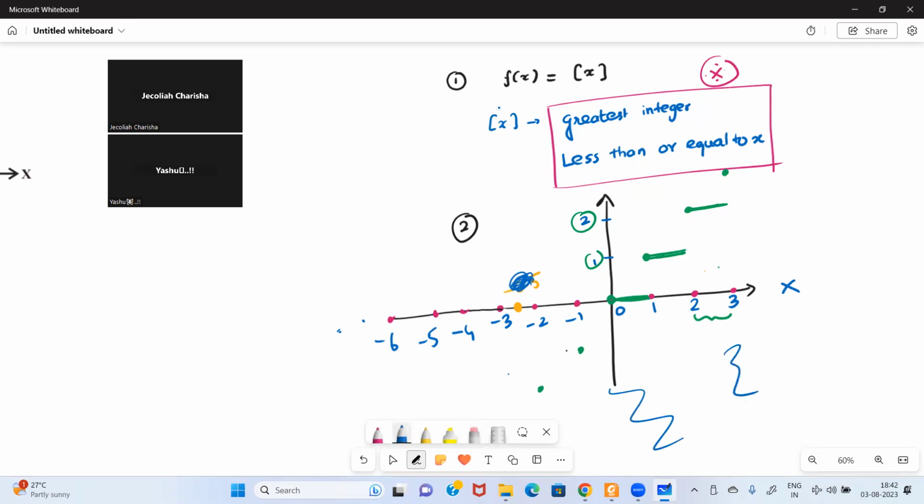Okay. Jacolia, what is the greatest integer of minus 3? Minus 4, sir. See here, I told you one thing in the beginning. Whenever you have an integer inside the bracket, what is the answer?